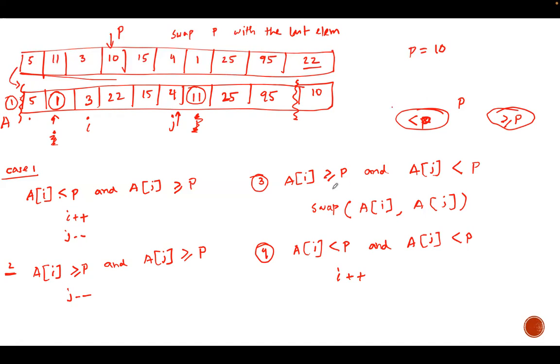And the swapping position we are going to find only in the case when A[i] is greater than or equal to P and A[j] is less than P. So j is going to just wait here and we are going to only move i. So i will be here. Let's erase something so that it becomes clearer.